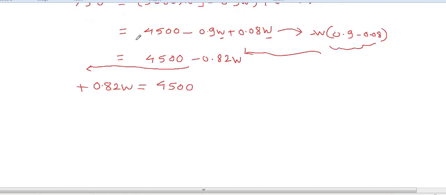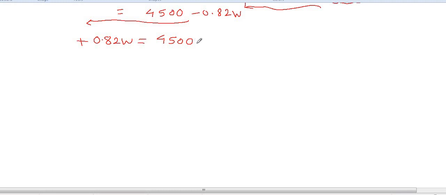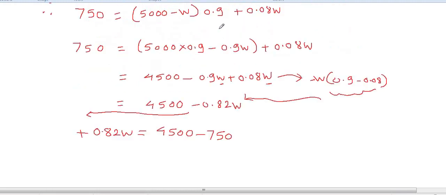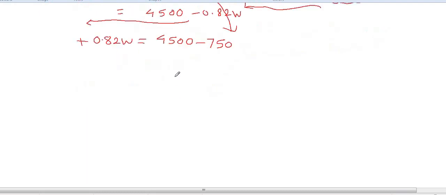Okay, so this 750 on this side is plus, so on this side it will be minus 750. I just transfer it from this side to that side.